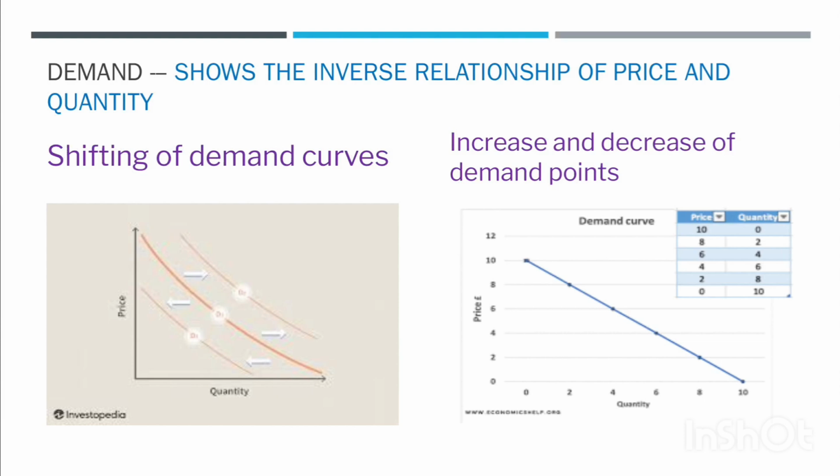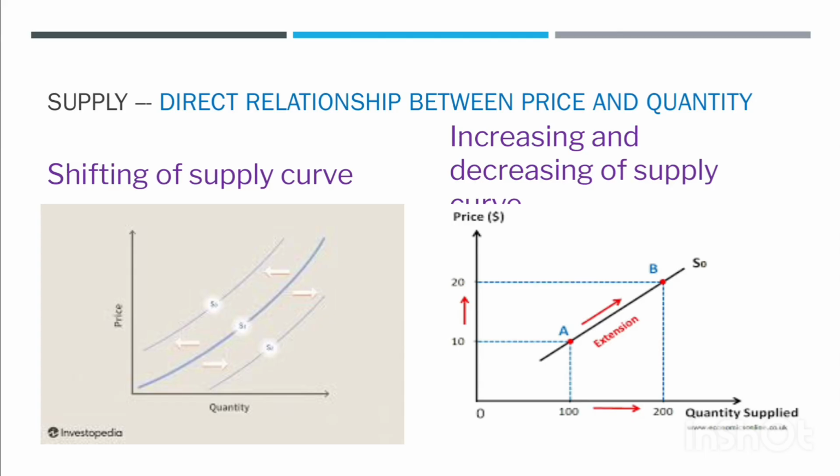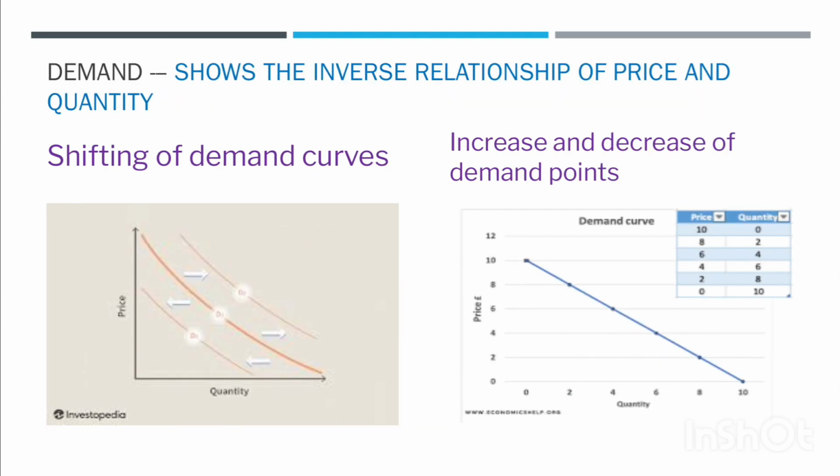Price normally appears on the y-axis while demand is on the x-axis. This curve generally moves downward from left to right. This movement reflects the law of demand, which states that as the price of a given commodity increases, the quantity demanded decreases.